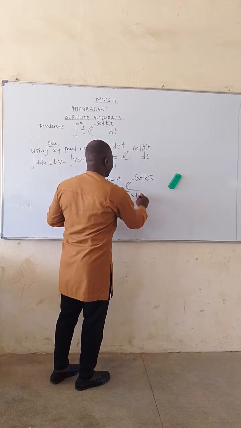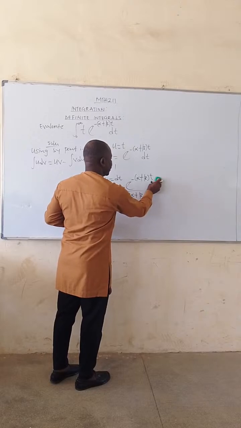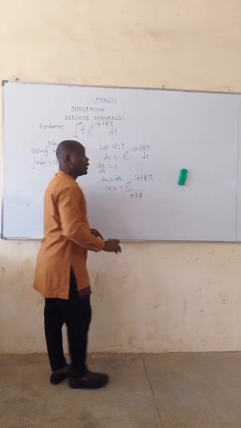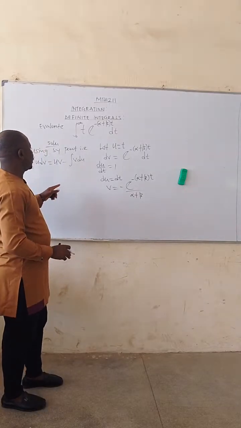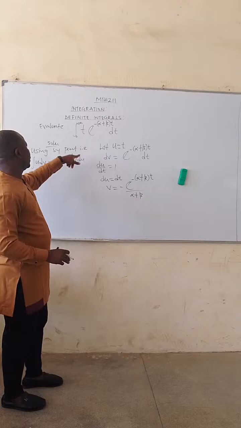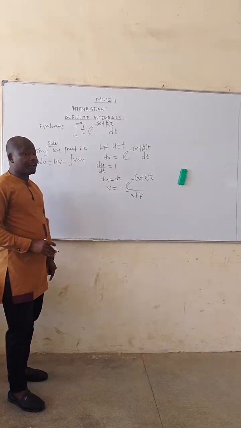I told you that it is not necessary for you to put plus C, because we are using integration by parts, and at the same time we are talking about definite integrals, right?